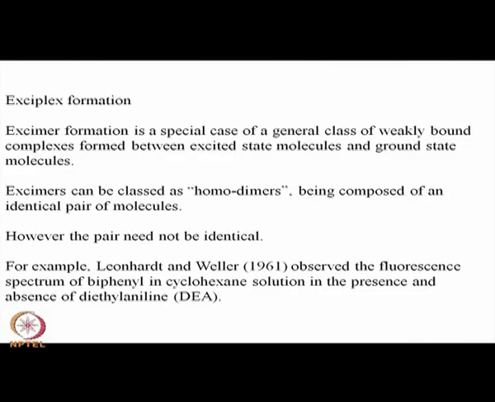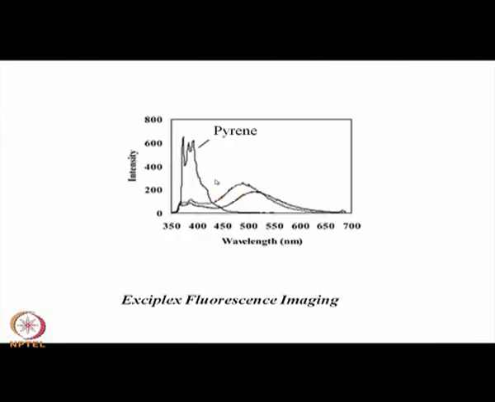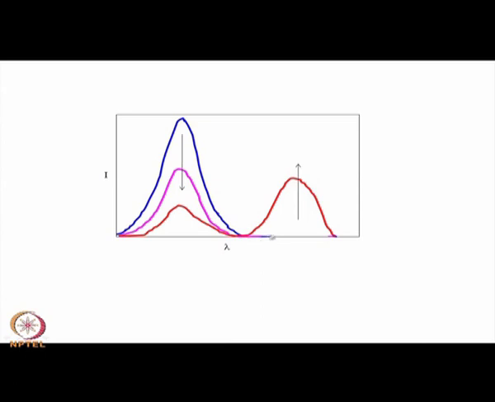So, this is a characteristic spectrum: if this is your emission spectrum, it is progressively reduced and an additional band appears on the red side of the spectrum.